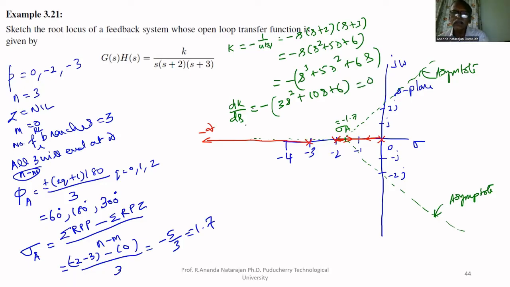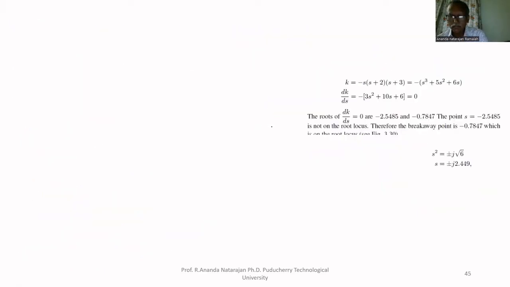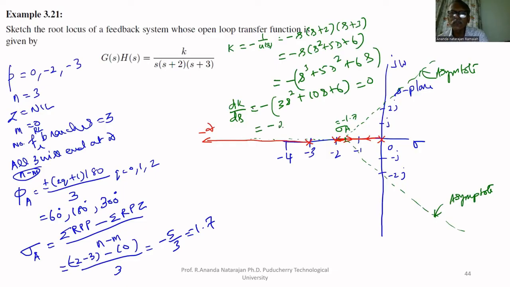The roots of this are minus 2.5 and minus 0.8. Minus 2.5 and minus 0.8 are the roots of this dk by ds equal to 0. So, two roots we are getting, but minus 2.5 is not on the root locus because between -2 and -3 there is no root locus.